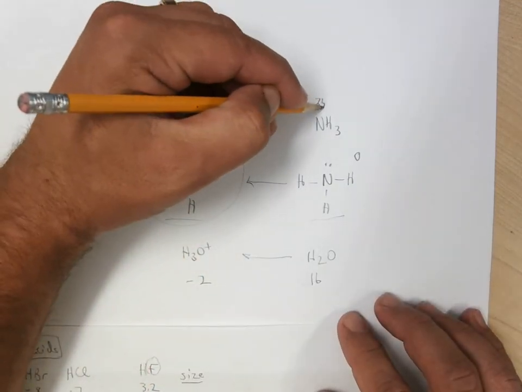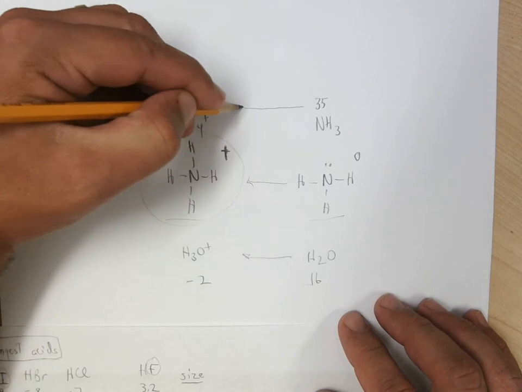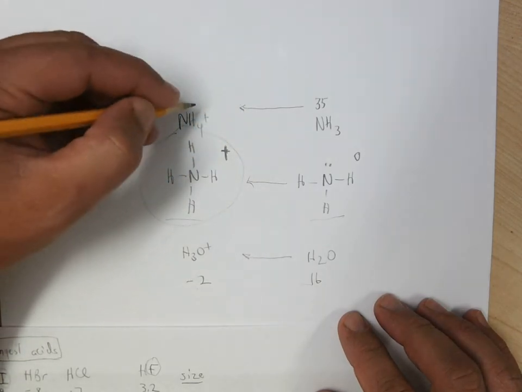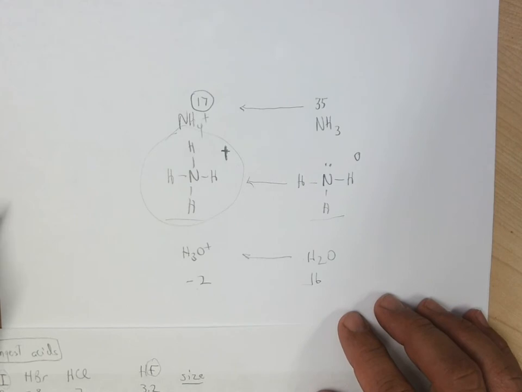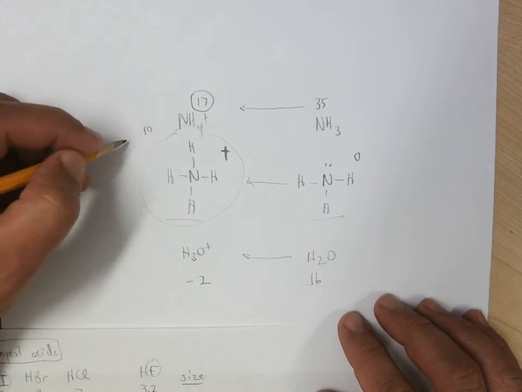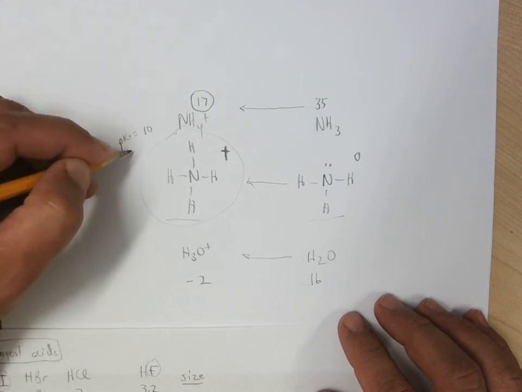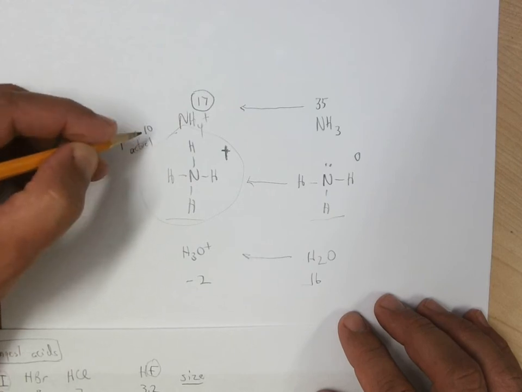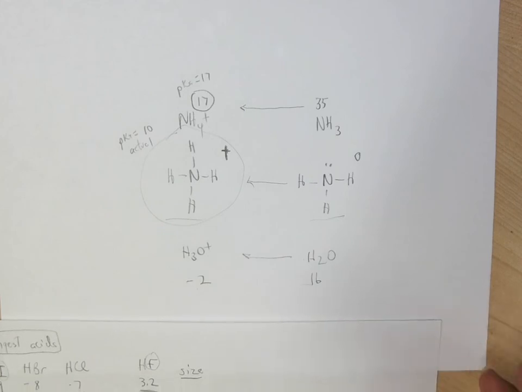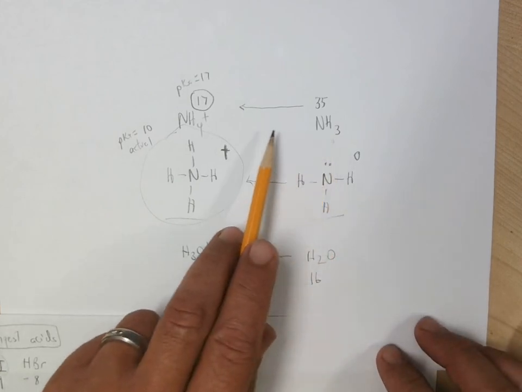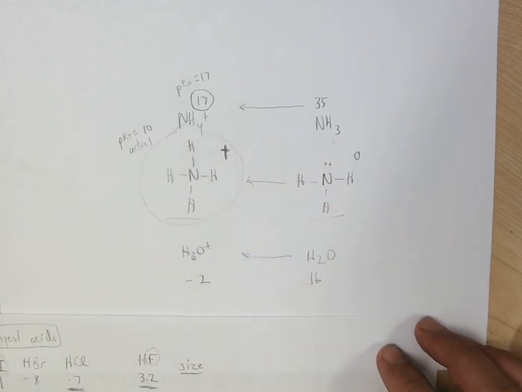Ammonia is about pKa 35, and so if I take 18 units off of that, I get a prediction that the pKa is 17. Now really it's 10, right? pKa 10 is actual, and pKa 17 is my prediction based on how much I think the charge would affect the pKa.